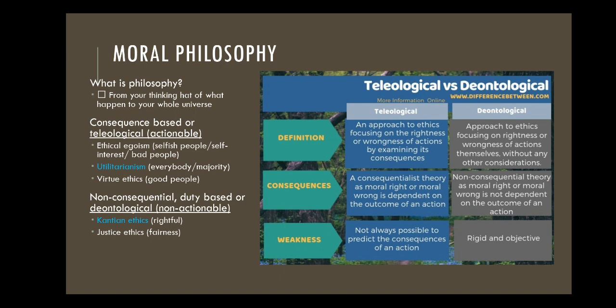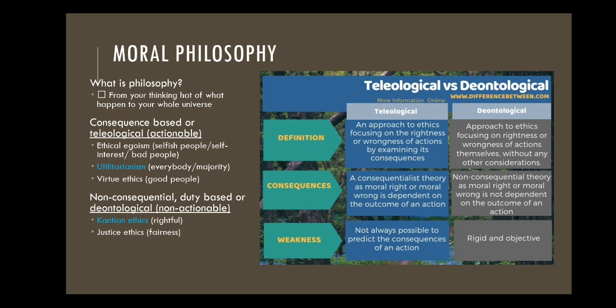So people who take teleological philosophy depend on the outcome of an action or behavior or activities. But people who take the deontological philosophy do not care about the consequences. They only do things that they think are right.